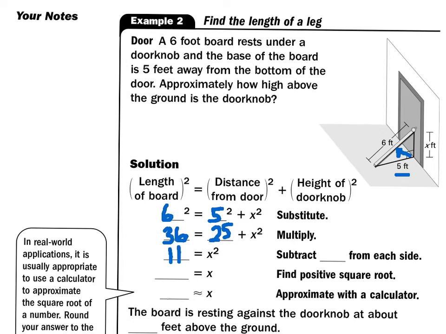And then we need to take the square root of 11 to get x by itself. And then it says over here in the box that in real-world applications, it's usually appropriate to use a calculator, and you round the answer to the nearest tenth. So our answer should be 3.3.